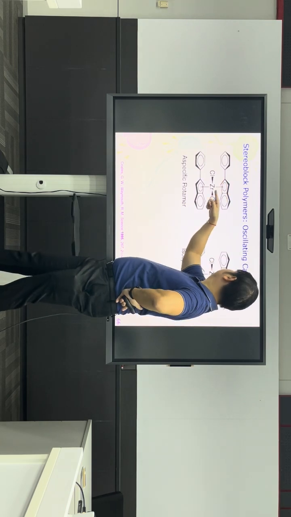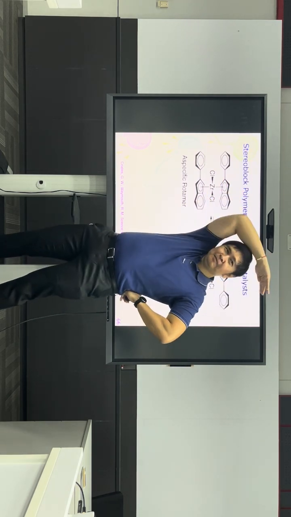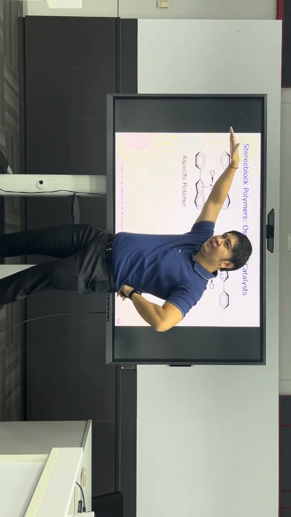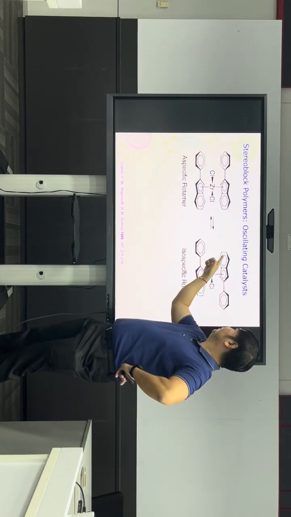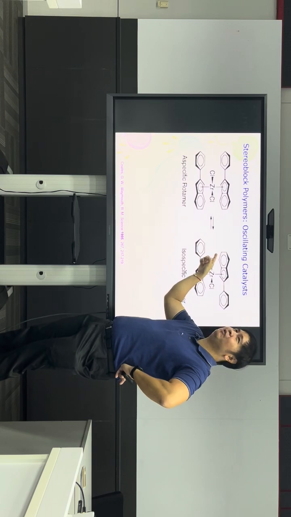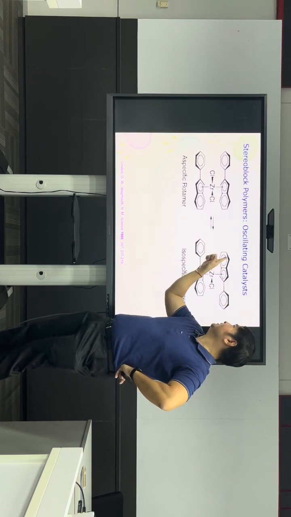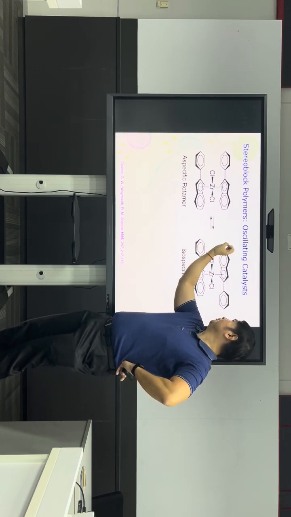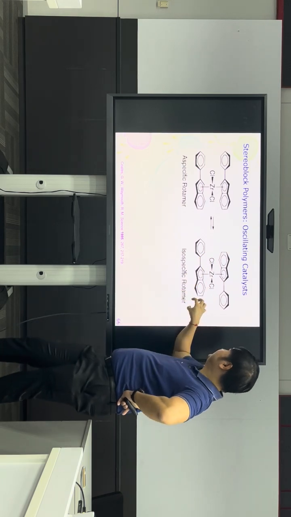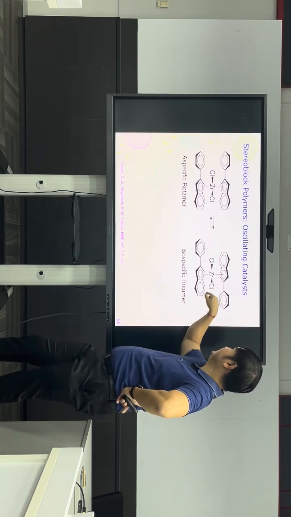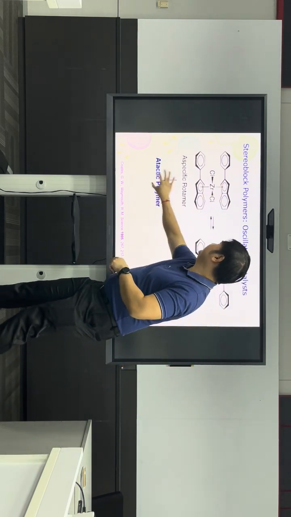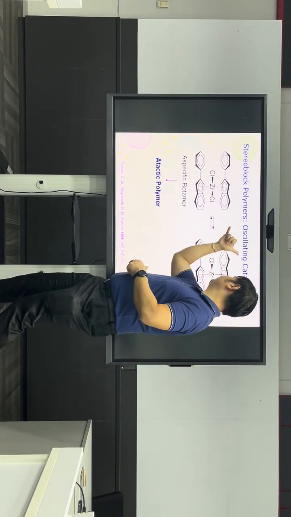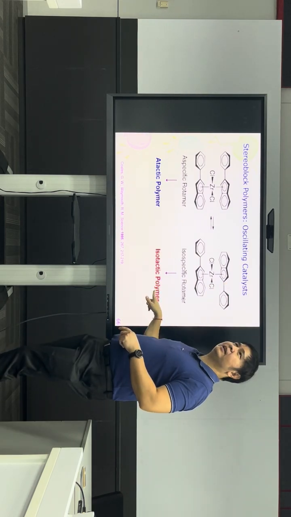But let's say the Cp ring flies around like a helicopter and changes to a different position into here. This group, I don't know which one is bigger, but it will have to select one. Let's say this is bigger, and smaller here. When it moves to this side, smaller on this side, you will see that this is isospecific, right? So on this side you get atactic polymer, and when it switches to the other side, you get isotactic polymer.